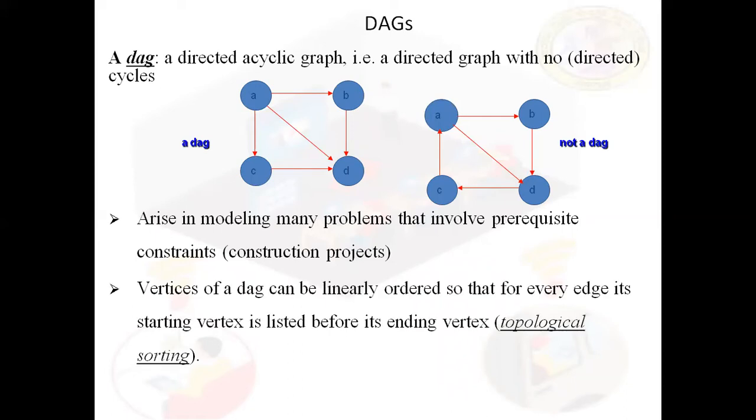The vertices of a directed acyclic graph can be linearly ordered so that for every edge, its starting vertex is listed before its ending vertex.